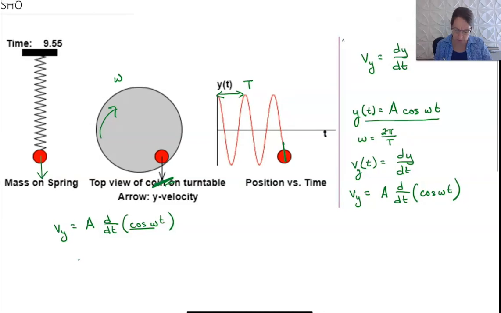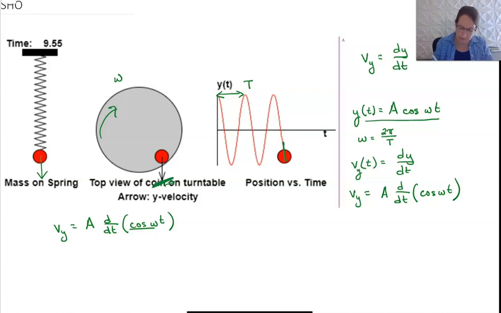We're not just doing d by dx of cosine x. We're doing instead d by dx of something like cosine 2x. And hopefully you remember, you take the derivative of the function and then you take the derivative of whatever it's a function of.